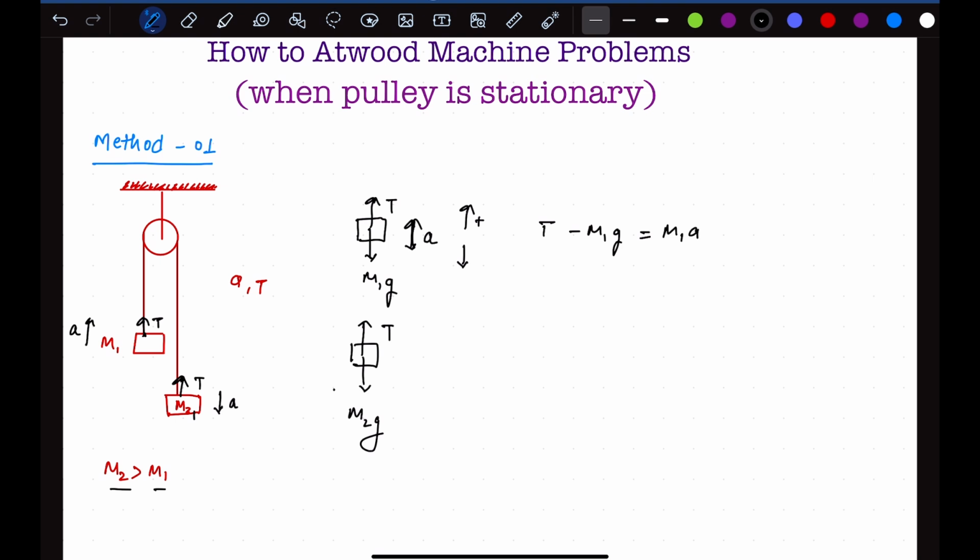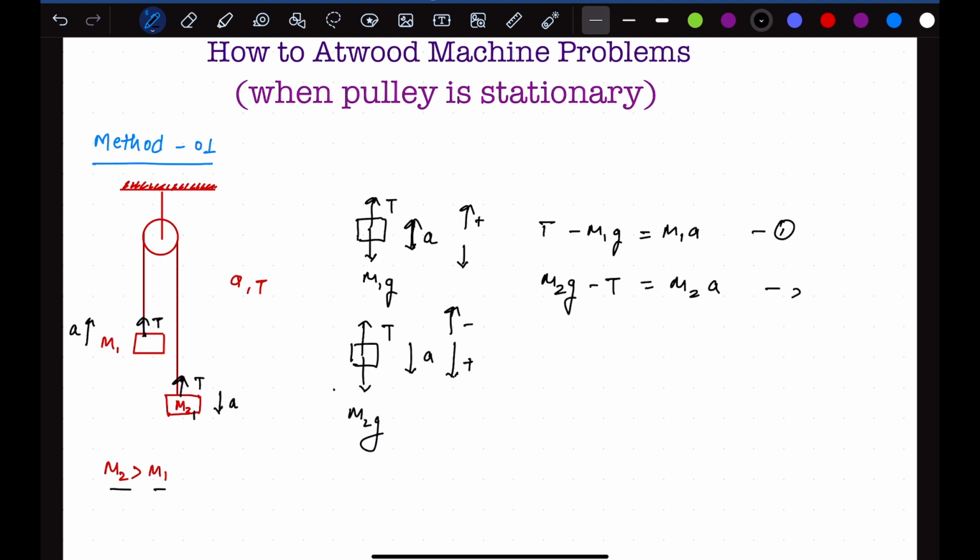Here the acceleration a is downward. Let's take downward positive, upward negative. So m2g minus T equals m2a.